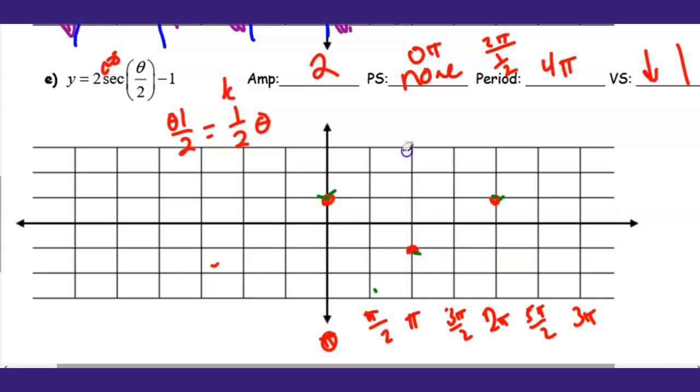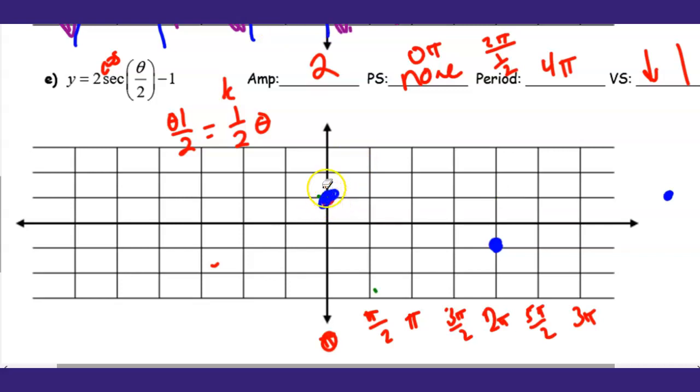What is this point? That's pi. So if I multiply by 2, it's 2 pi, right? And then this point right here at 2 pi should be 4 pi, which I'm going to put way out here. And then we got to multiply by 2 and then move it down 1, right?